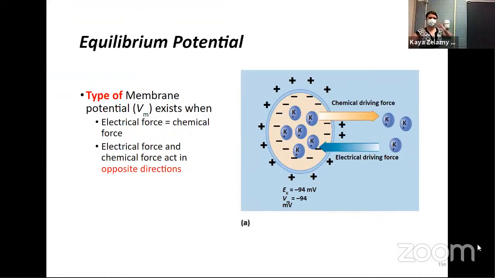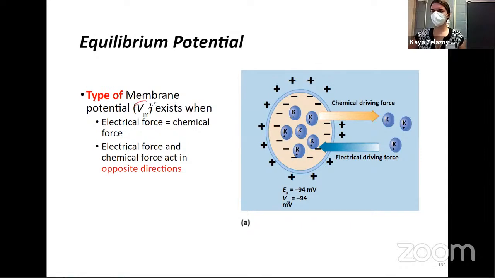So when we left off, we were talking about the equilibrium potential. So the equilibrium potential is a type of membrane potential where the electrical force and the chemical force are equal and in opposite directions. So we abbreviate that, and this slide is a little bit unclear about, right?